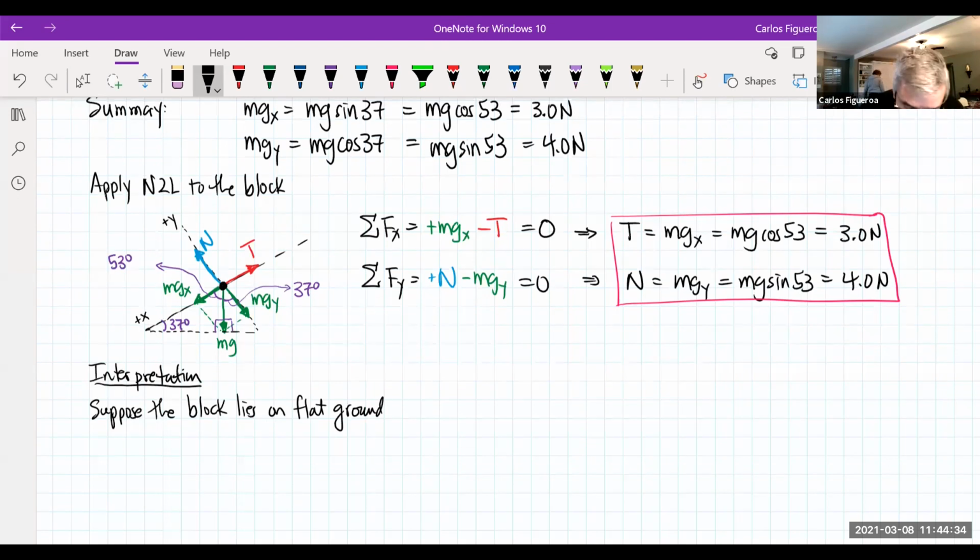So when I'm looking at this thing here, here's my block. And what we're finding here is that when I look at the normal, of course, that normal is flat, and then the weight has to be exactly the same size.